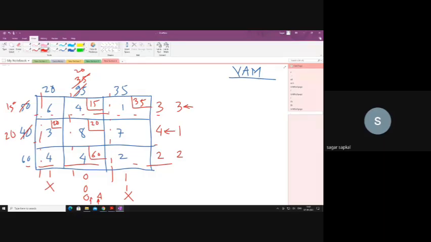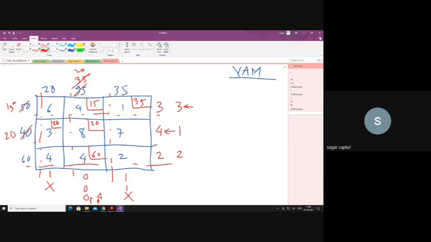Take the penalty, find out the penalty row wise as well as column wise. How to find that? Take the difference between the smallest cost value and the next smallest cost value. In the first row it is 1 and 4, so the difference is 3.